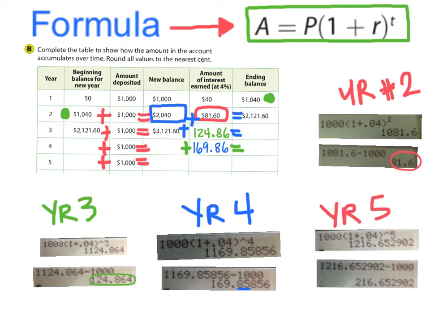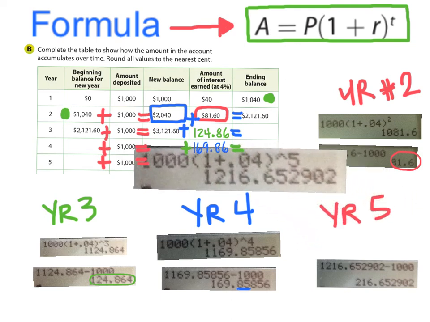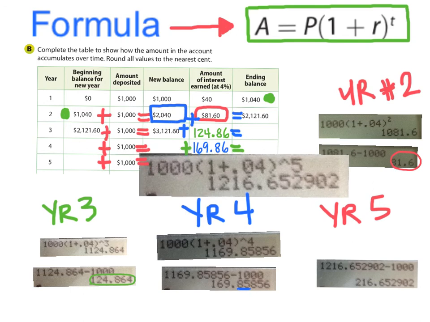Here's what I typed in my calculator. So to start out, I put the original amount, $1,000, times 1 plus the interest as a decimal, 0.04, exponent the number of years I'm on right now, which is the 5th year. I get a very large number again. Remember, $1,216 is not the amount of interest for year 5.